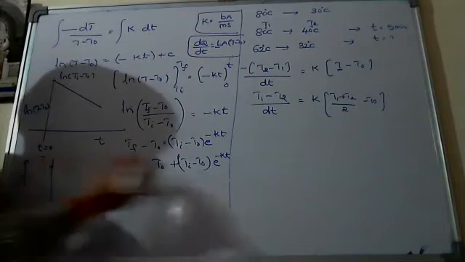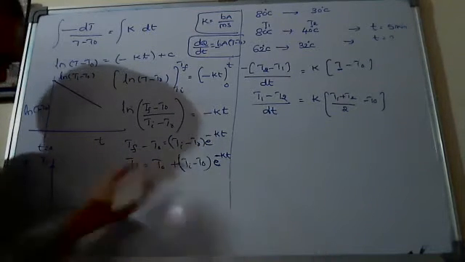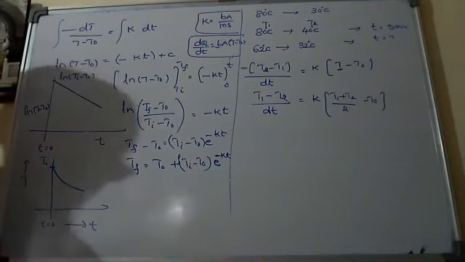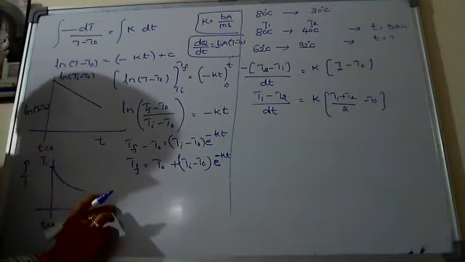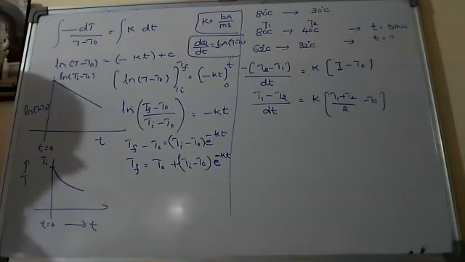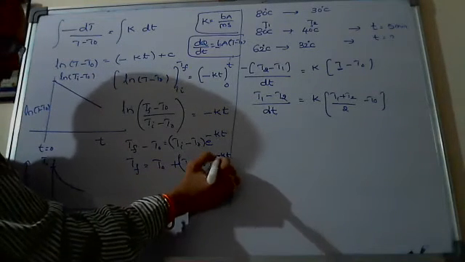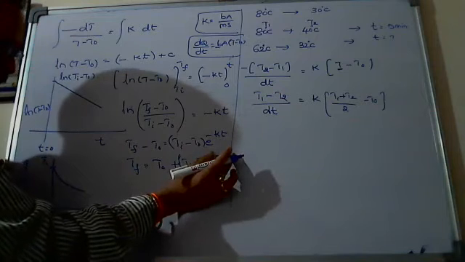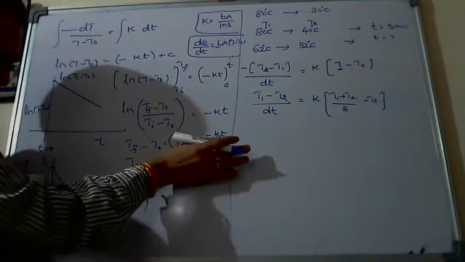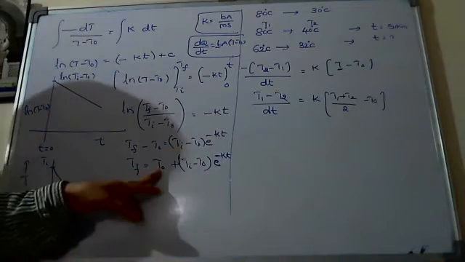Later on, it will be a decreasing exponential, e power minus. Decreasing exponential means it will come like this. I think it never intersects the x-axis. Why? Because even if you extend the time to infinity, e power minus infinity is equal to 0, and 0 into anything is 0. So at infinite time, t final is equal to t naught.